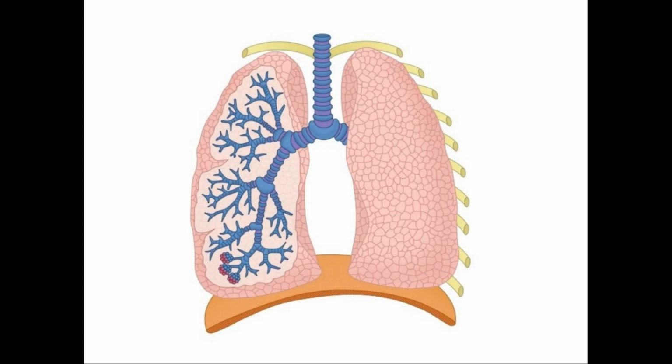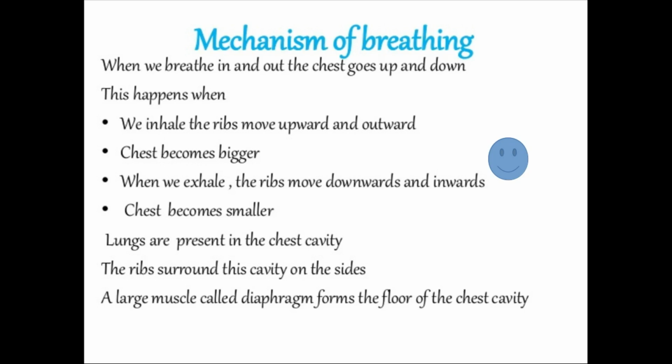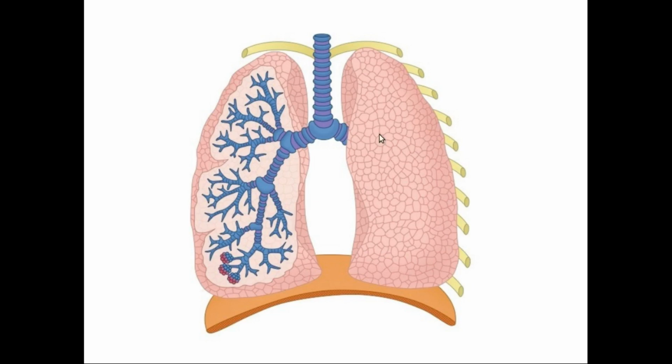Then the breathing mechanism. Before understanding the mechanism of breathing, we should know about two structures present. One is the ribs and the other one is the diaphragm. Your rib cage goes around your lungs to protect them from damage, and also the ribs move when you breathe in and out.